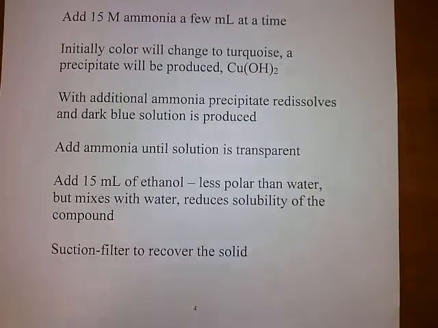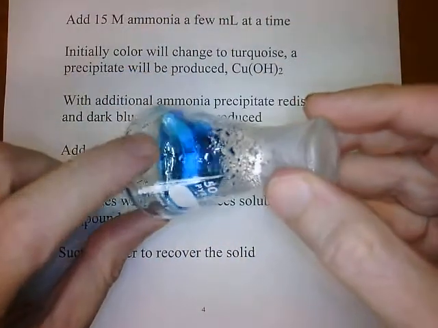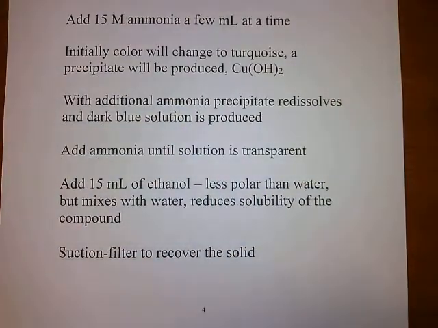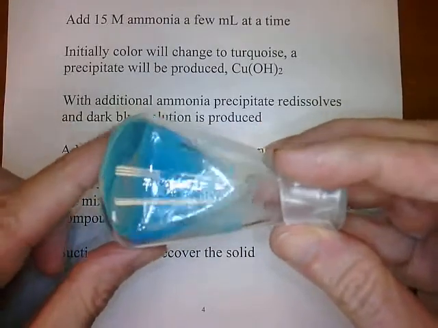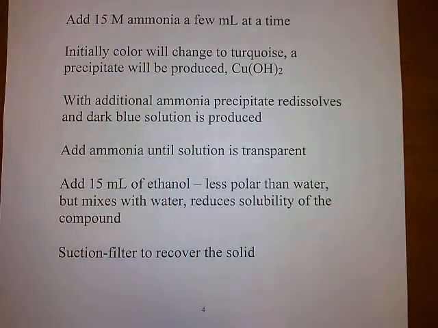Last, you're going to suction filter the solid, right? So one more time, we started out, we dissolved it in water, it's pale blue. You start adding ammonia, it'll change to this turquoise color, and you'll get a precipitate of copper hydroxide.